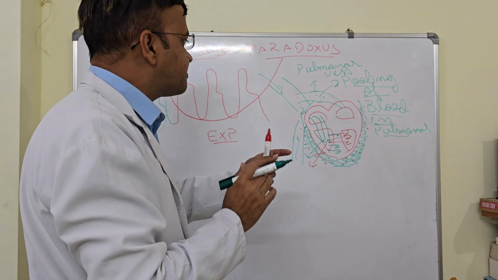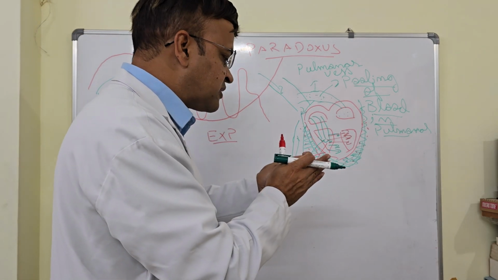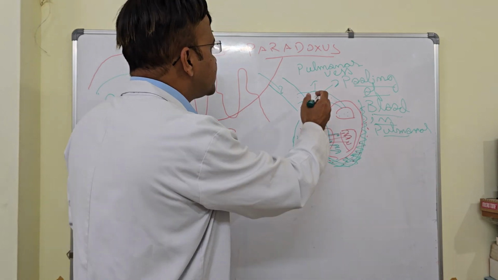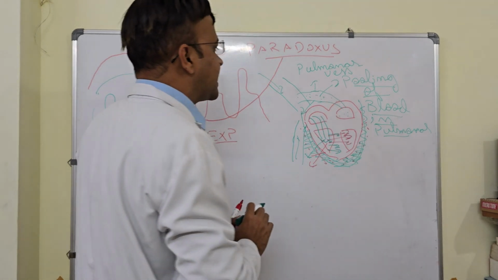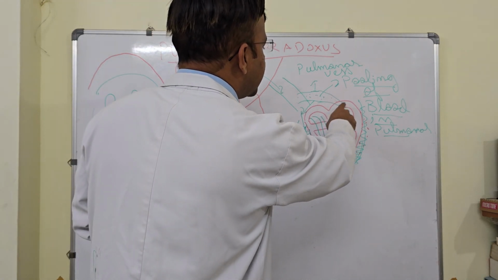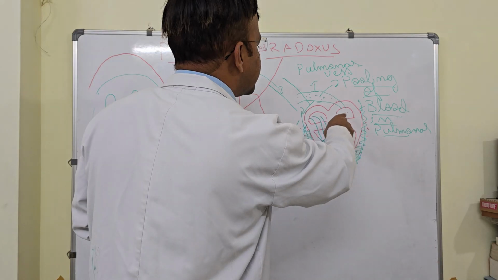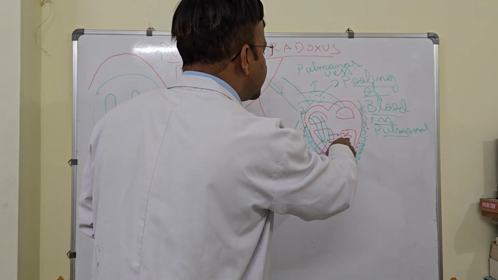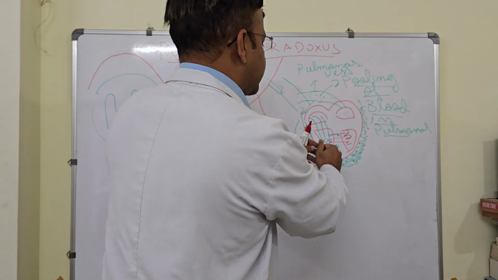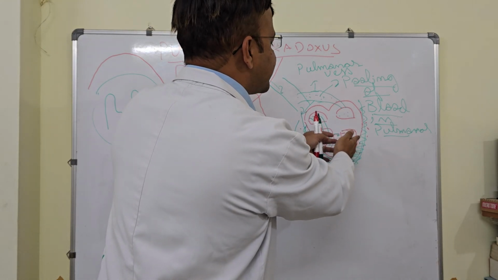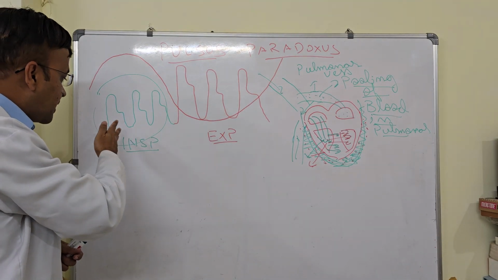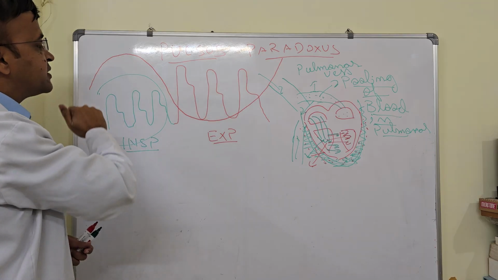So when the chest wall expands, these pulmonary vessels also expand, which leads to pooling of blood inside these pulmonary vessels. So the left atrium will receive less blood and even left ventricle is going to receive less blood. So this will magnify it. Right ventricle has received more blood and the left ventricle has received less blood. So this leads to the phenomenon of less pulse volume during inspiration.